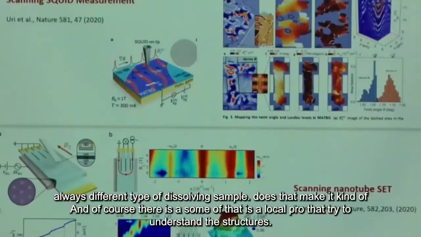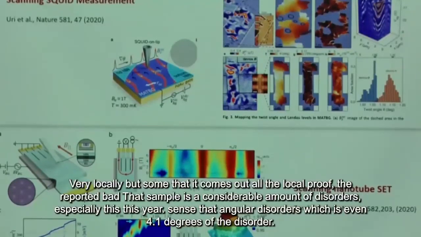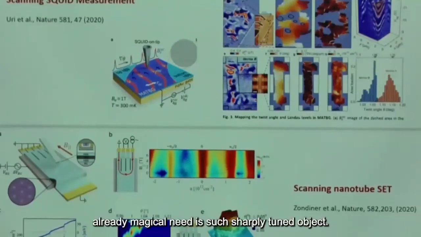But soon it turned out that all the local probes reported back that samples have a considerable amount of disorder, especially residual strain and angular disorder, even 0.1 degrees of disorder. Already the magic angle needed such a sharply tuned object, so it's rather difficult to make a really general statement. And that has been some of the difficulty in the field.